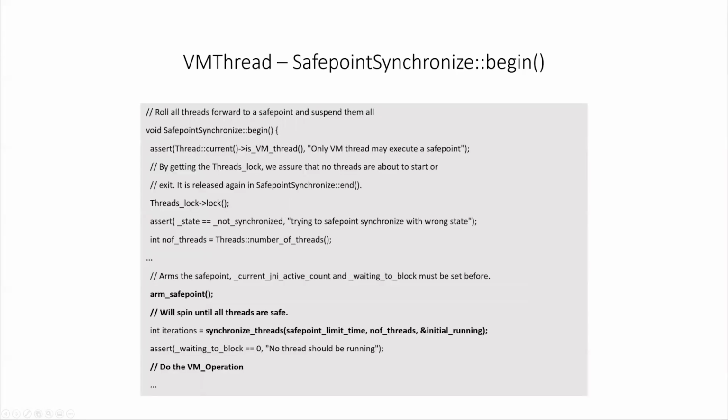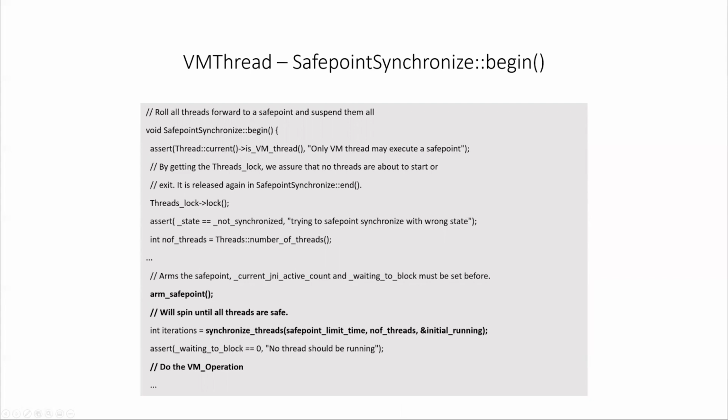So this is the first part run by the VMThread. It consists of 3 parts. 1, arming the Java threads. 2, synchronizing with, that is, waiting for all Java threads. And 3, when all threads are considered safe, that is, the global JVM Safepoint state has been reached, the VMThread then runs the submitted operation.